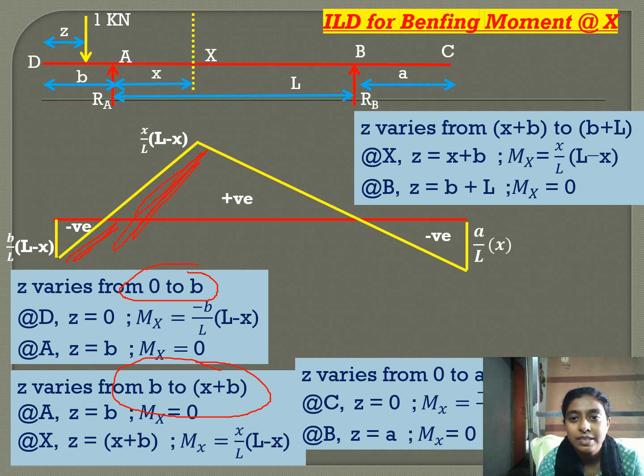Third part, Z varies from X plus B to B plus L, so the variation is from X by L into (L minus X) to 0. Fourth part, Z varies from 0 to A, the values are A by L into X to 0.